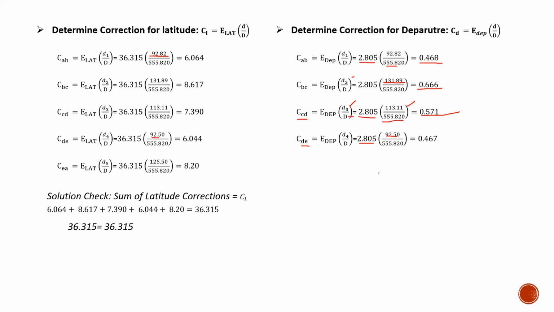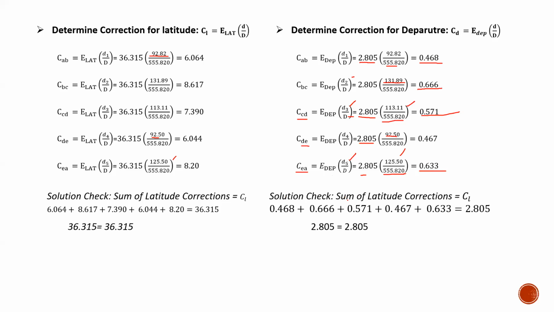For the correction of the last line, which is the line EA, that is error in departure times the corresponding length of the line EA, which is equal to 125.50 meter all over the total perimeter na 555.820. So times 2.805, eto. So we have 0.633.